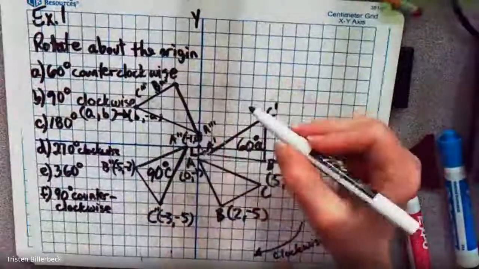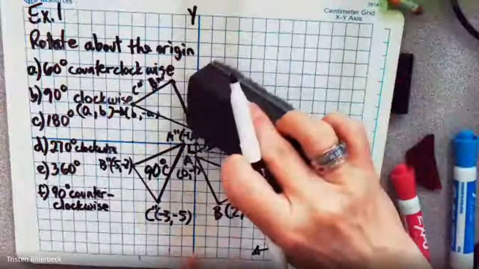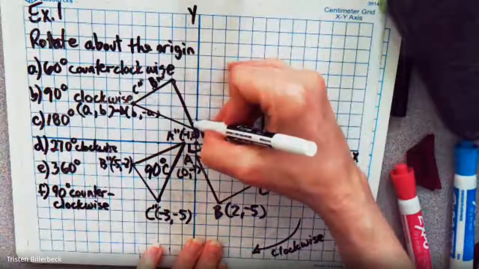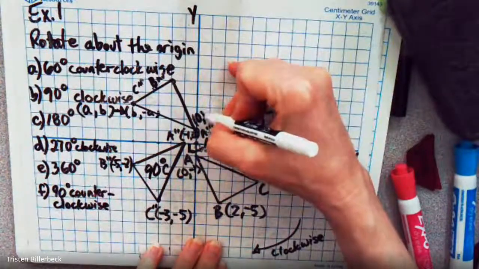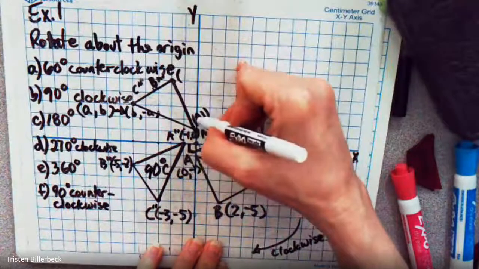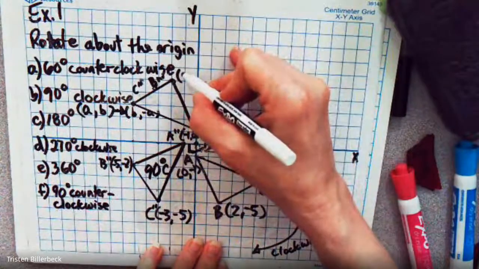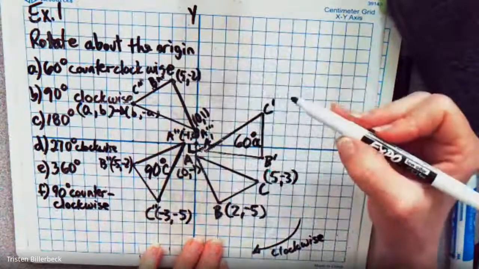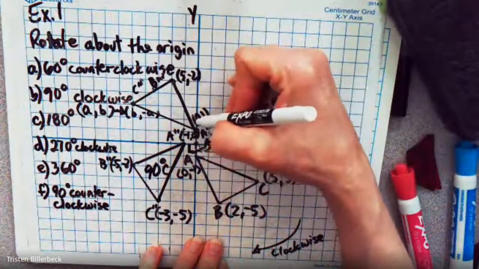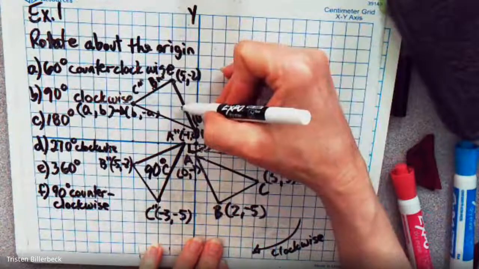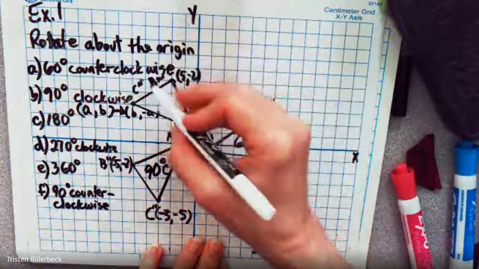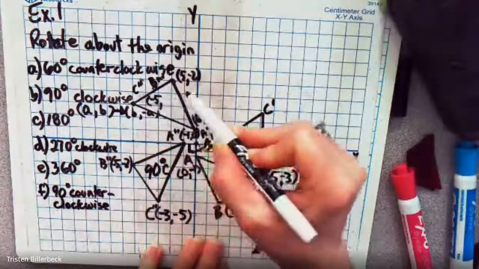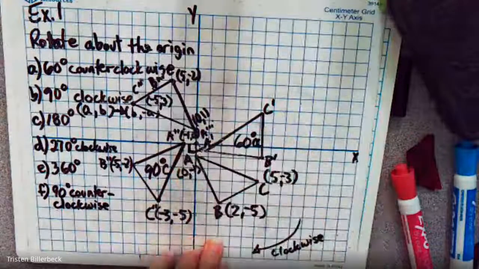Okay, and let's examine our coordinates. This coordinate now is at 0, 1. This coordinate now is at 1, 2, 3, 4, 5, -2. And this coordinate here is at 1, 2, 3, 1, 2, 3, 4, 5, so this one's at -5 and 3. Okay, so let's look at our original.